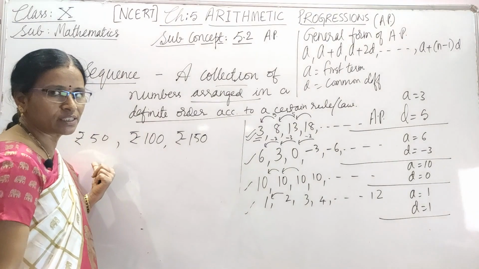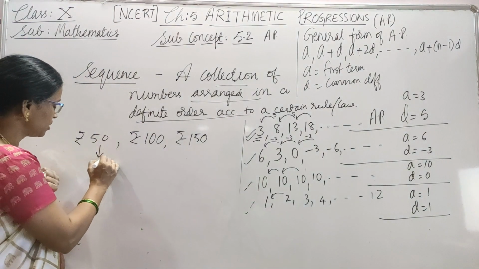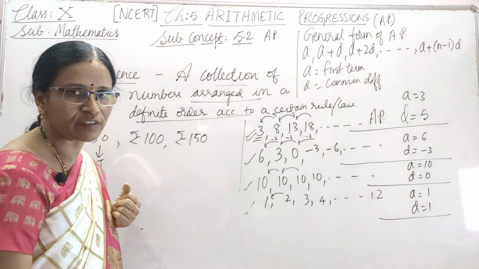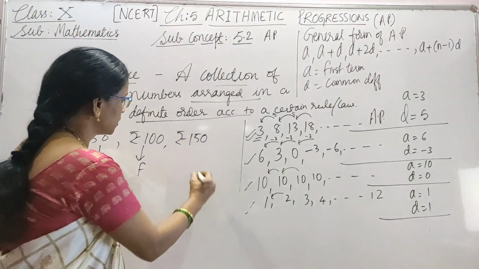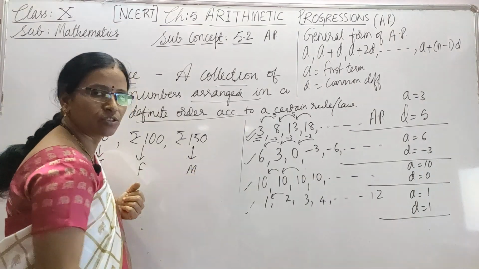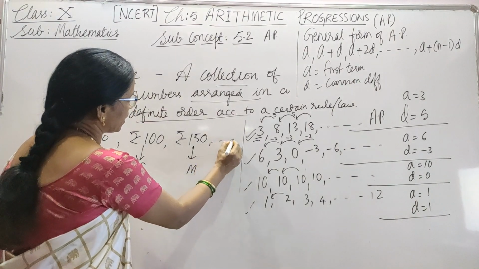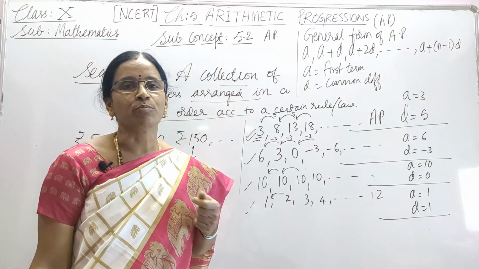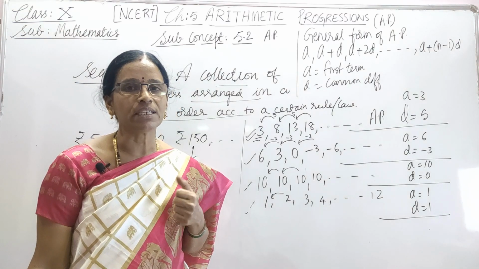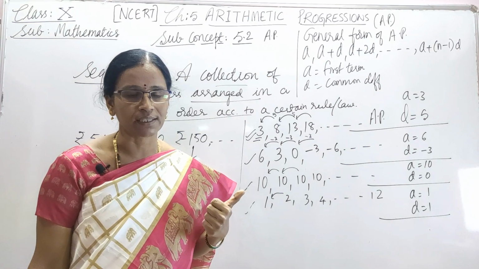So in the month of January he got 50 rupees, then in February he got 100 rupees, and in March 150. So like this I go on increasing his pocket money by 50 rupees.